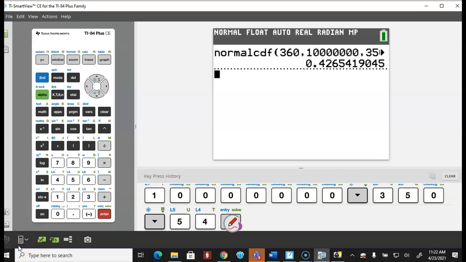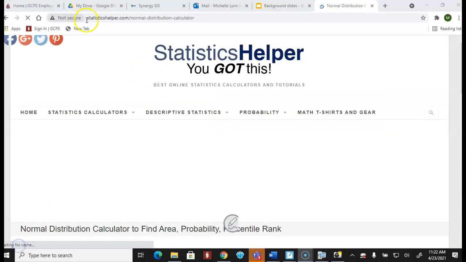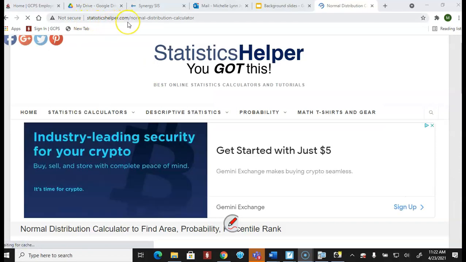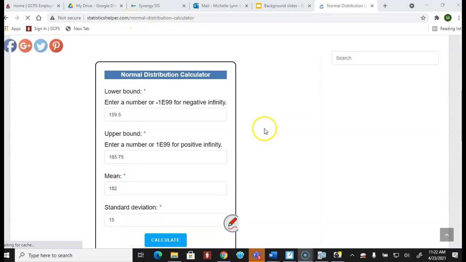So now I'm also going to show this to you with the statistics calculator as a program, okay? You can go to this website, which is called statisticshelper.com, and do normal distribution calculator. Again, we're going to do the same thing. It has a lower bound here, so we're going to put 360 again, and then here we're going to put our 1 million, 1 with 6 zeros. Then we're going to put our mean, which was 350, and our standard deviation, which was 54.